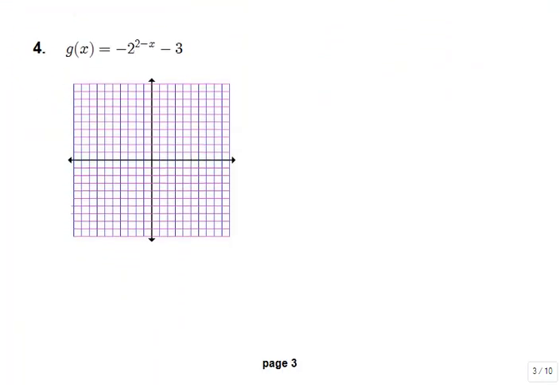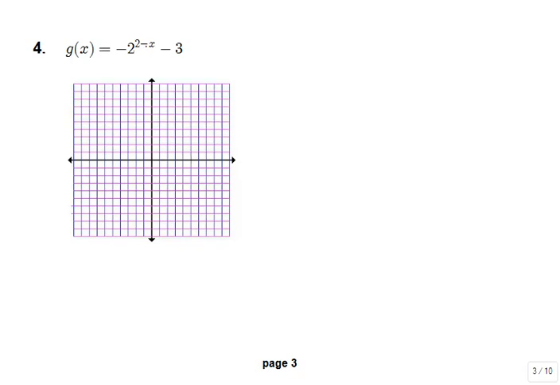Okay, let's try another one. So here we have negative 2 to the 2 minus x, minus 3. Now in this one you need to be very, very careful before you start listing what your transformations are. The big mistake that is often made on these kinds of problems is forgetting to put this into the proper factored form.